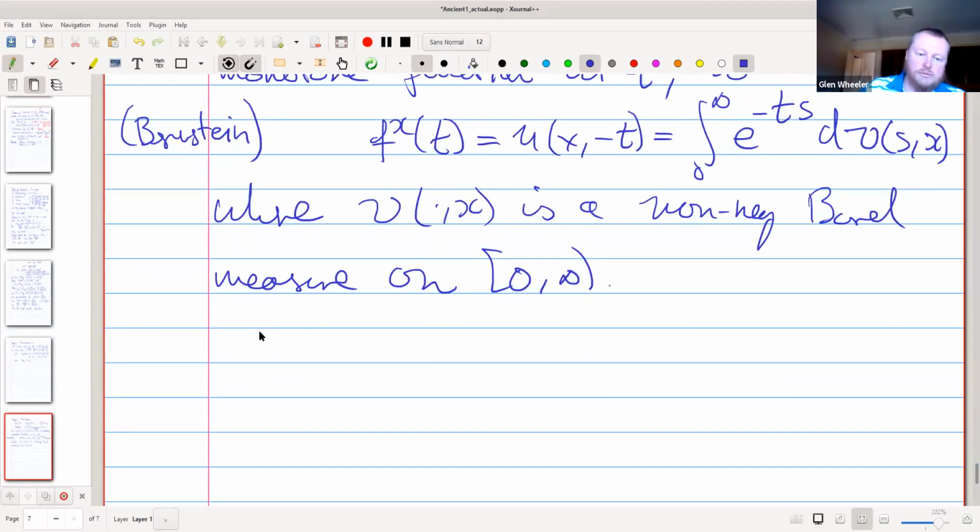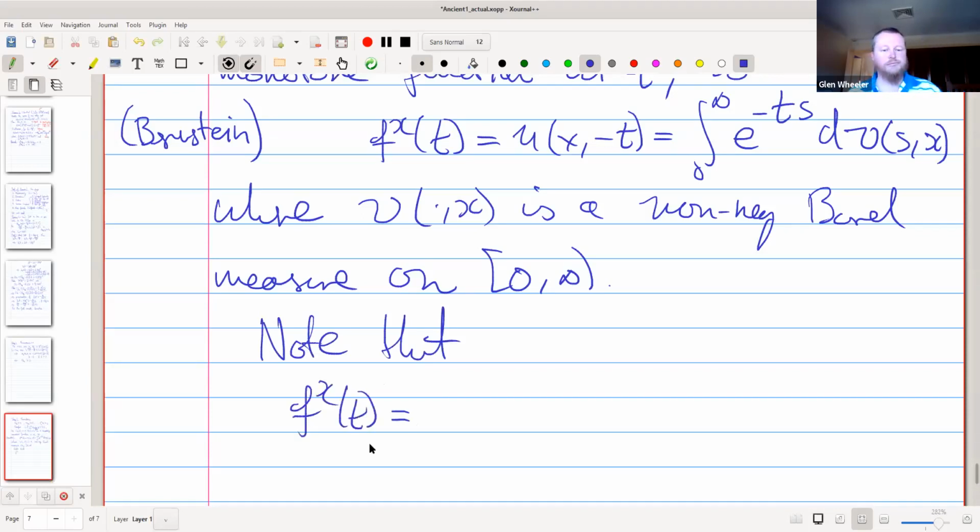So we're just going to note down an alternative expression, which looks like this: f_x of t equals f_x of 0.